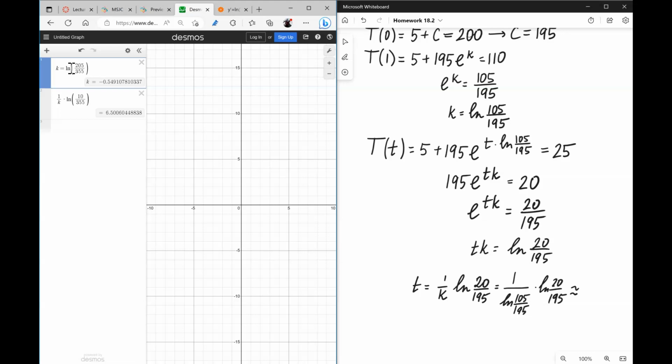K is equal to ln of 105 over 195. And it's going to be 1 over k, ln of 20 over 195. So it looks like the answer is 3.679 hours.